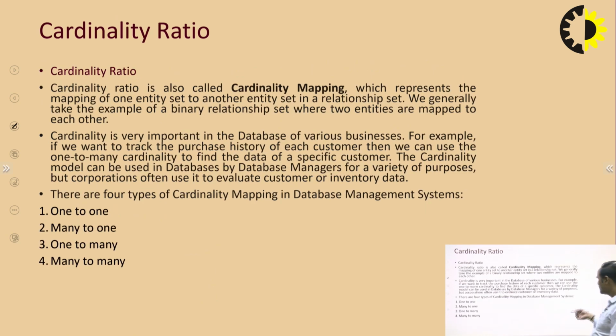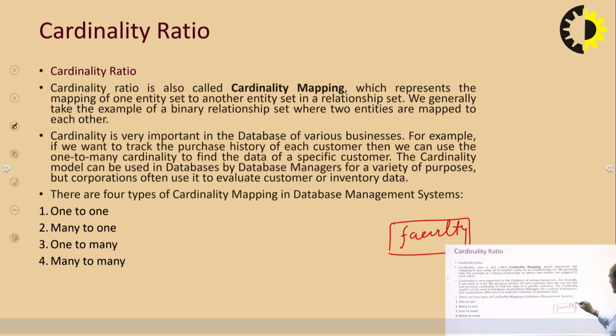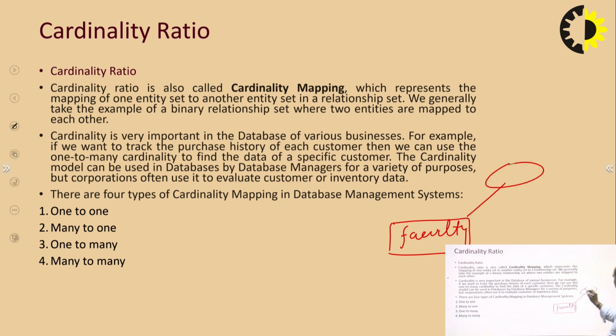Suppose we take some examples of ER diagrams. Suppose we need to create an ER diagram for a car, for a student, or for a faculty member. If we have to draw the ER diagram for a faculty member, how can we draw it? We can take faculty as one entity and connect the attributes to it.